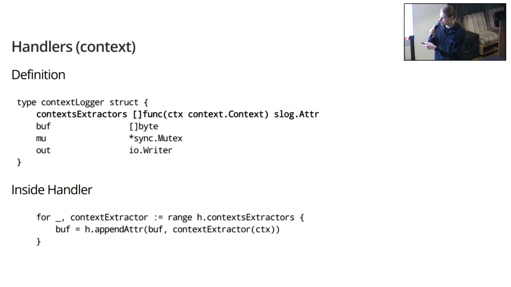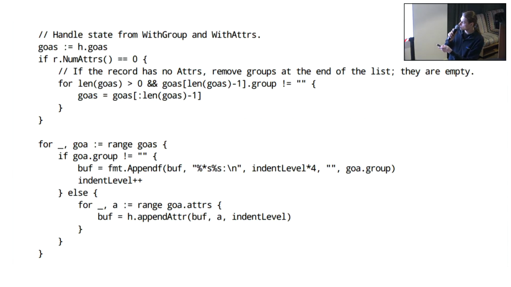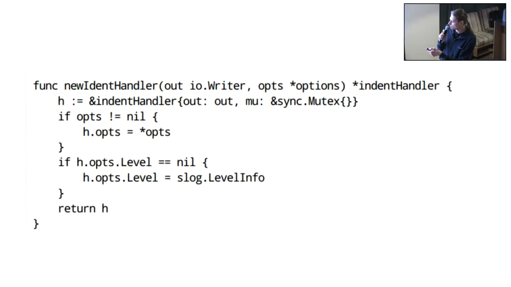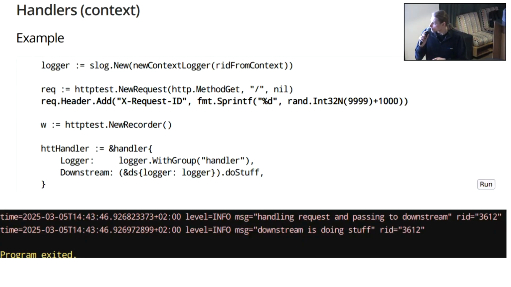And inside the handler, we extract it, and what we get is this beautiful info message where we just simply log handling request and passing downstream and pass context, but suddenly a magical request ID appears.